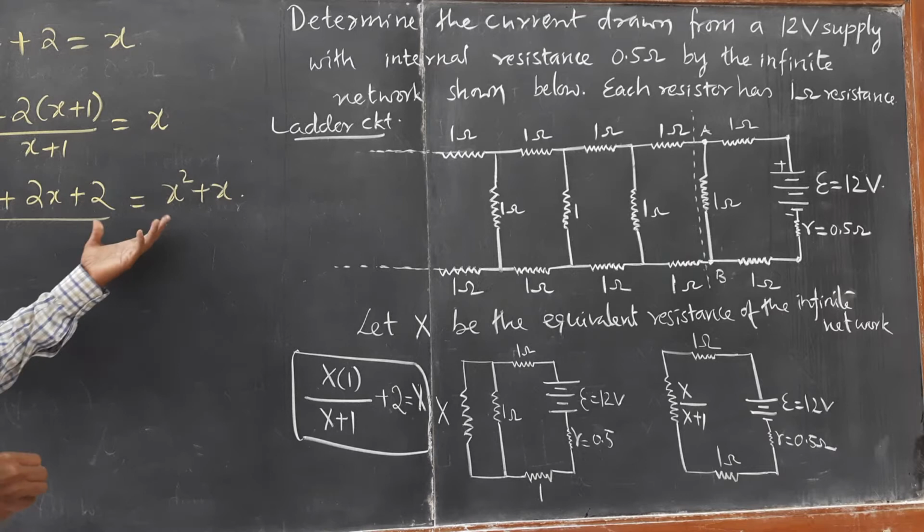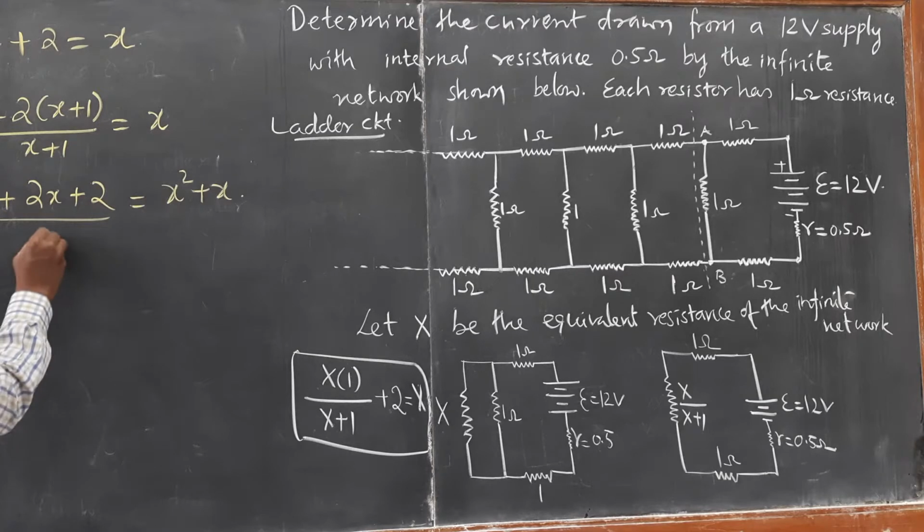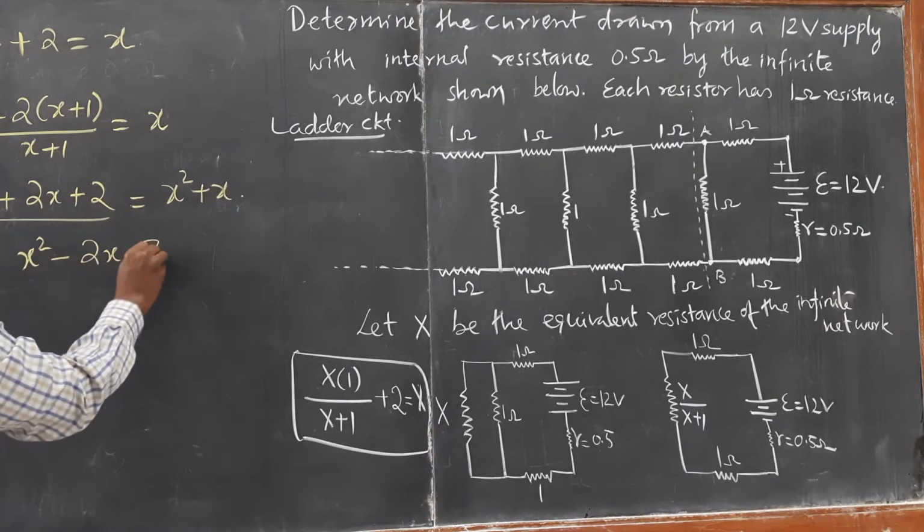X plus 2X becomes 3X, 3X minus X becomes 2X. Therefore, X square minus 2X minus 2 becomes 0.